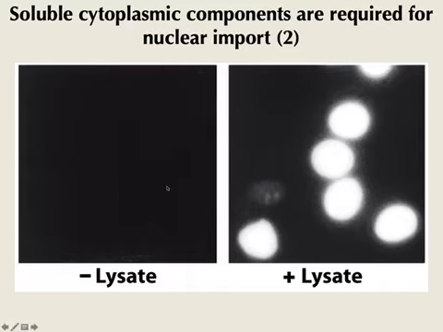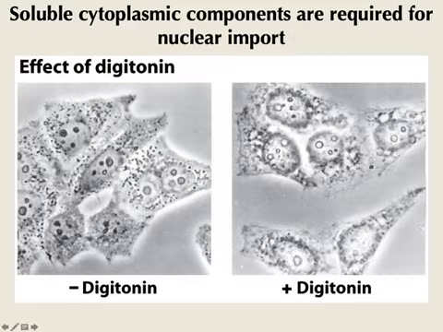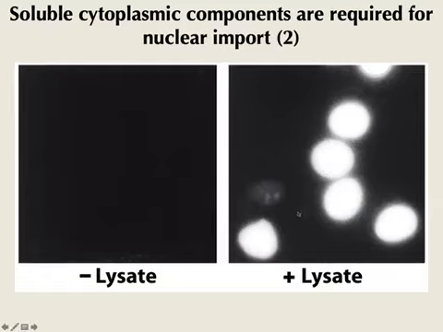In other words, if you try to monitor a protein inside the nucleus, you don't see anything. And that's because, just to be clear, now we're looking at digitonin-treated cells. In digitonin-treated cells, some of these soluble proteins which normally make it into the nucleus do not make it into the nucleus. That's the black square.